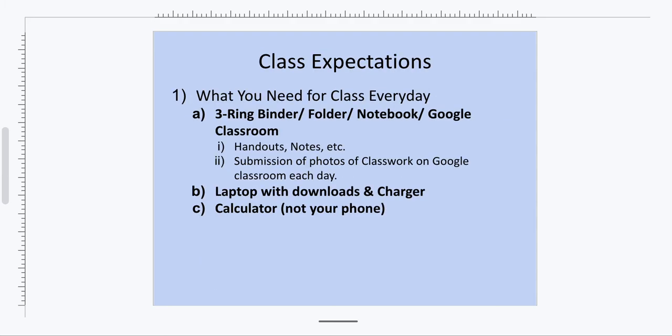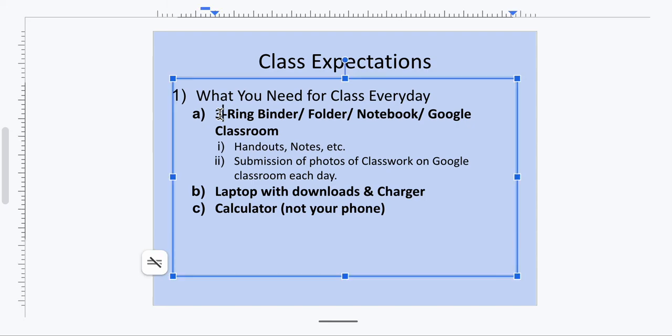In terms of what you need for this class, please show up with a way of organizing handouts that we give you. So a binder, a 2-ring binder, a folder, a notebook. You can use different systems to keep track of those things. We're also going to require that at the end of every class day, you take photos of whatever it is we've worked on in class, and submit that on Google Classroom.